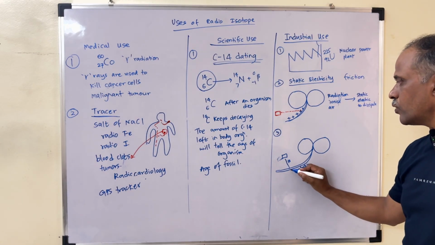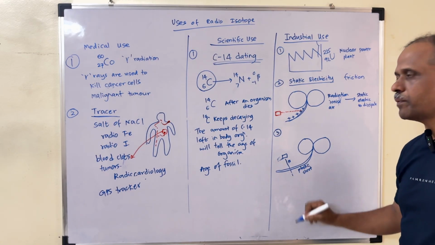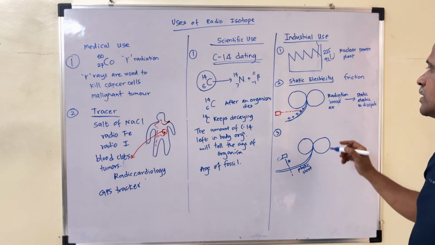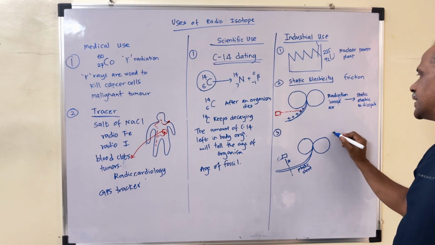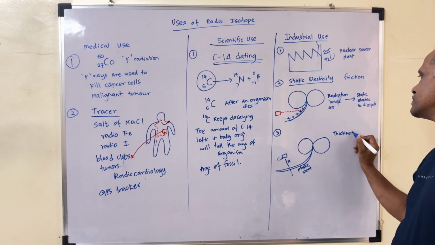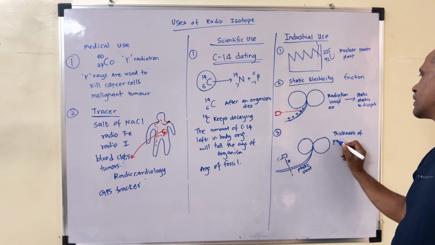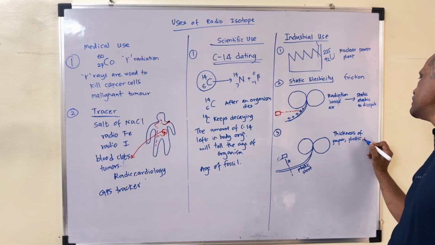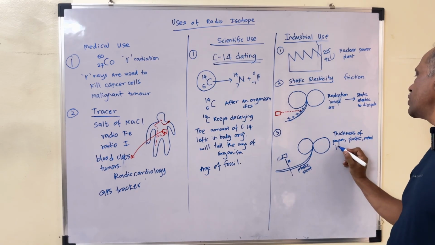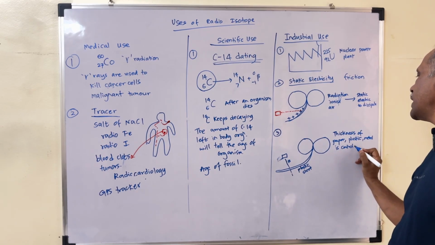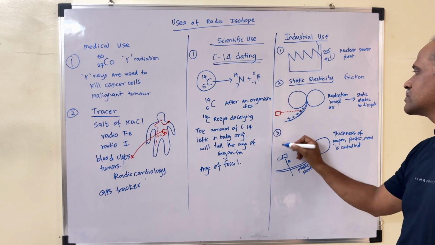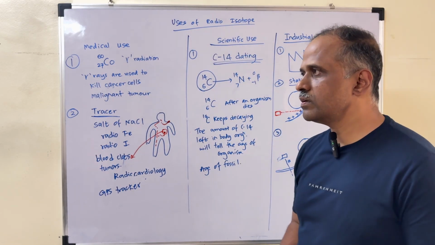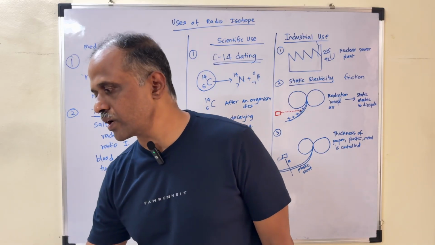Depending upon how many beta particles are emitted on the other side, and depending upon the penetrating power of beta, the thickness of paper or plastic or metal is controlled by using this particular arrangement. Okay, so these are the four important things.